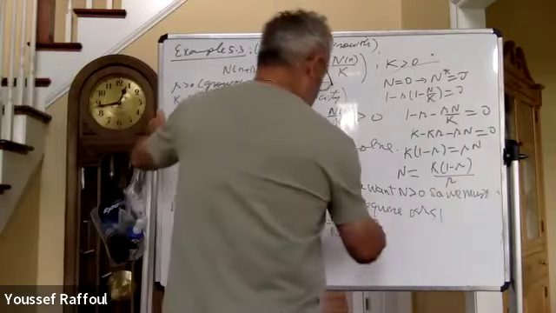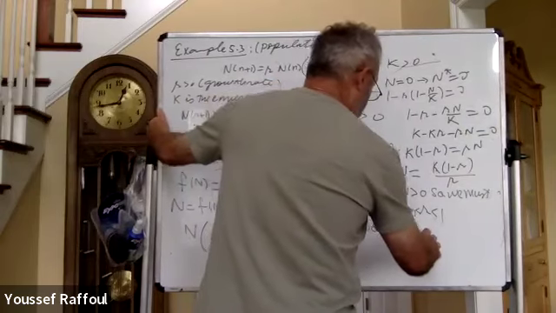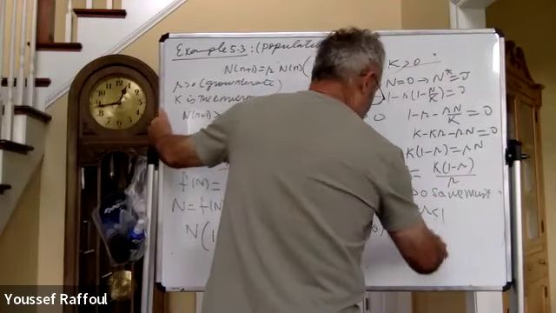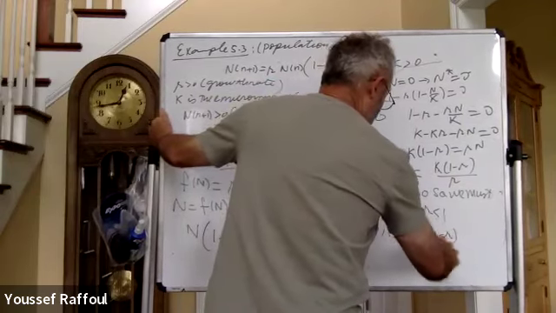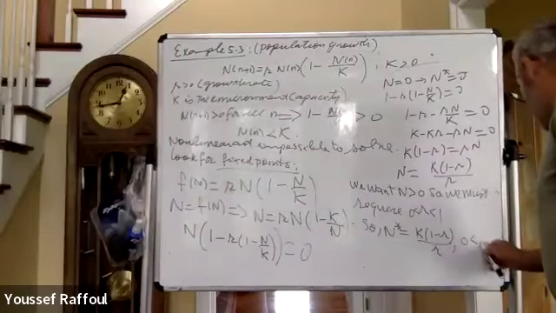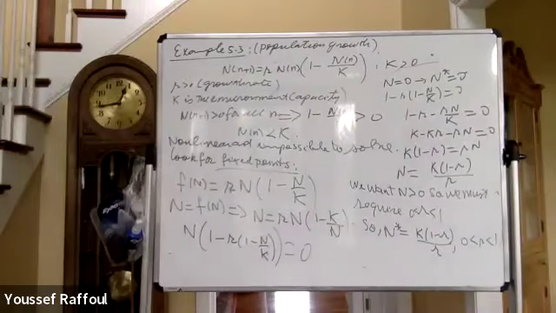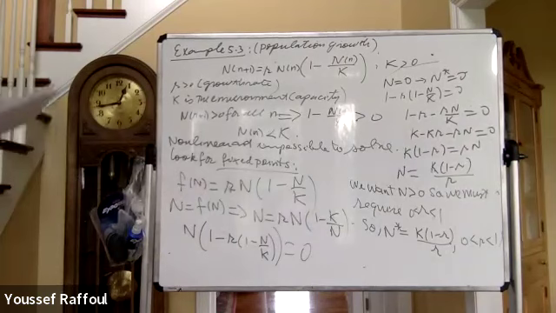So we have n star equal to k times 1 minus r over r for 0 less than r less than 1.